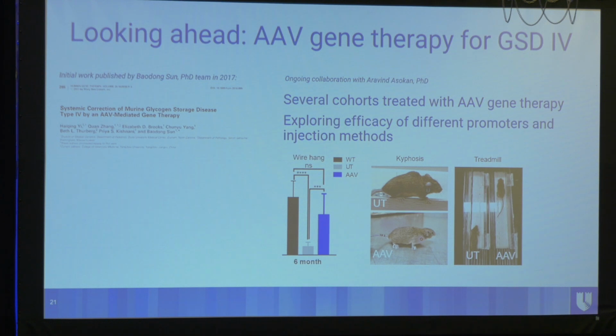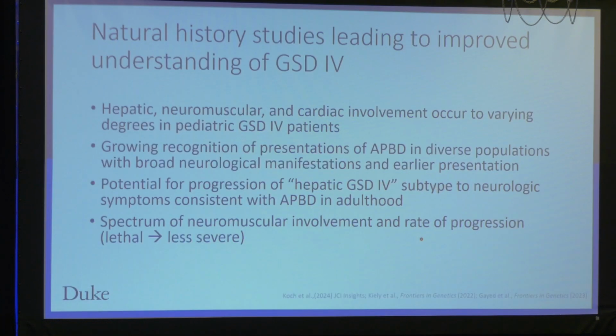Remember I told you, if you prevent the synthesis of the glycogen, or if you maintain the balance between the making of glycogen and breakdown of glycogen, you could use what are called inhibitors of glycogen synthase, which are also being talked about here, or other small molecules or oral treatments which can modify how these patients do. So once again, my emphasis is on natural history studies, continuing to learn so that we can do better by the patients.